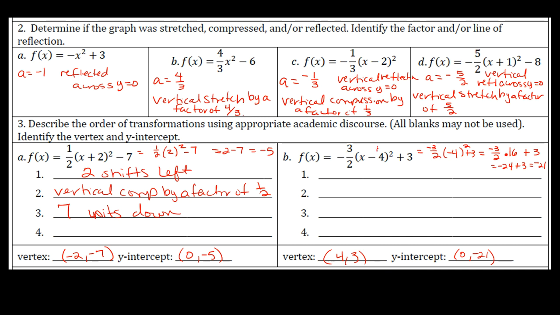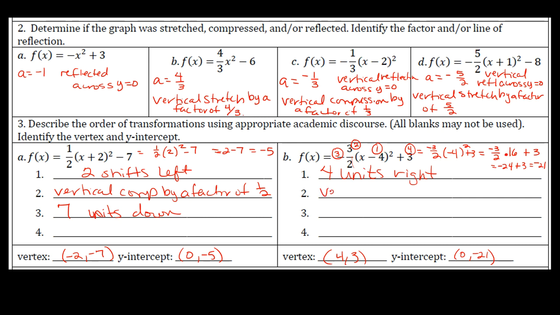Okay, we're going to talk about the horizontal shift, the dilation, the reflection, and the vertical shift. Number 1, 4 units shifted to the right. Then 3/2, just not the negative part, 3/2, that is more than 1.